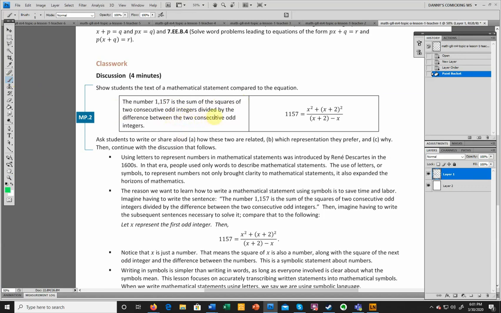Odd: 3, 5, 7, so it's not 2, 4, 6. It's odd instead of even, divided by the difference between the two consecutive odd integers. So 1,157 equals x squared plus (x plus 2) squared over (x plus 2) minus x.